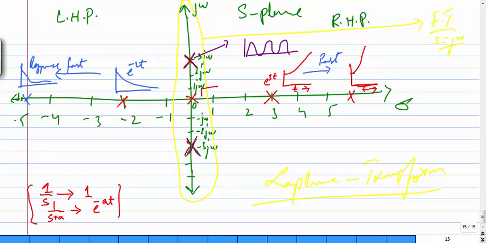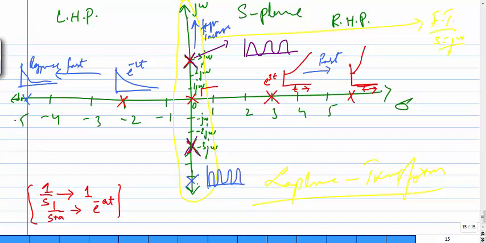We also see that if I move further away in this direction, the frequency increases. For example, if I am here, the oscillation frequency is increasing like this as compared to this.